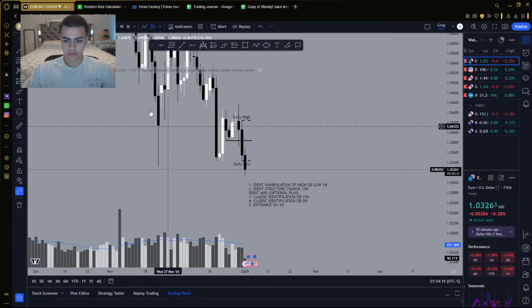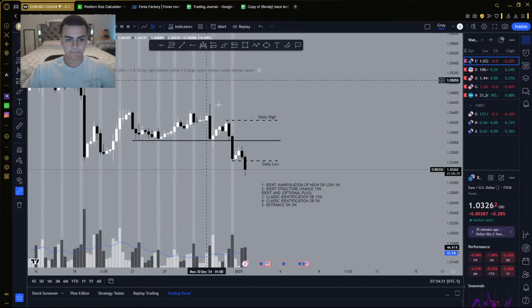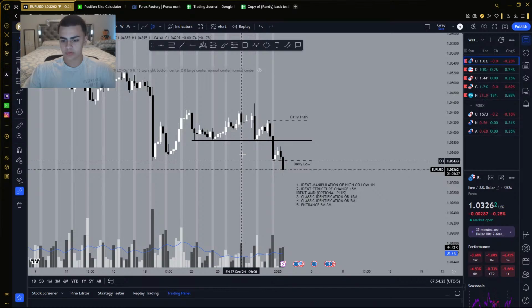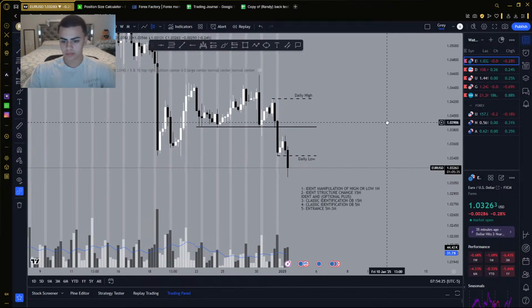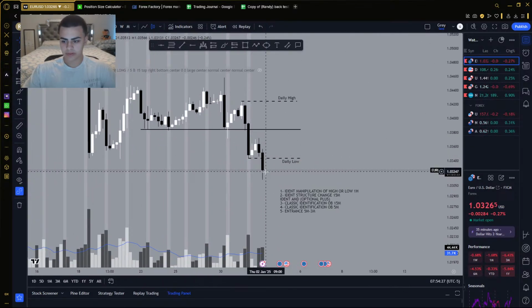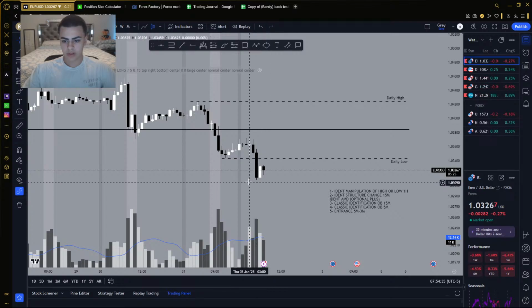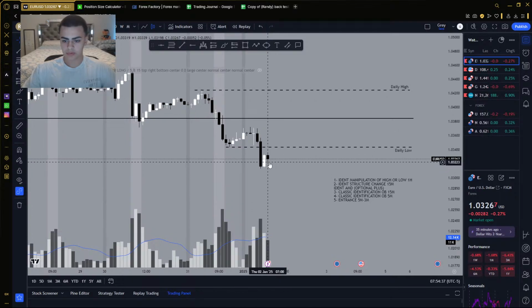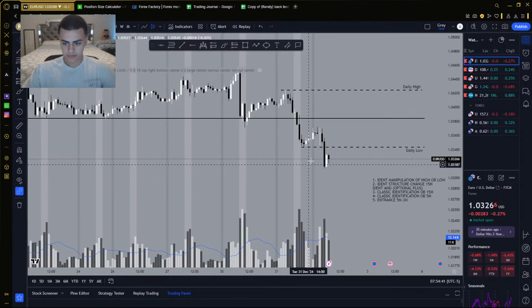On the daily, it's looking very bearish. The 4 hour looks bearish also. Very bearish. The 1 hour closes like that, a big movement from up here. The 1 hour just came back up. It's looking like it's going to keep going up for now in the 1 hour, but it's still bearish here.